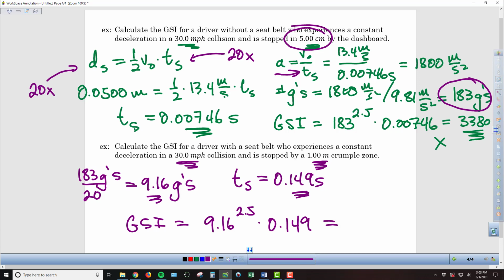This time we end up with a GSI of 37.8, which is well below our 500 threshold. So the Gs alone are putting us in the survivable zone, and hopefully the seatbelt and airbag do their job and keep us safe in this accident.